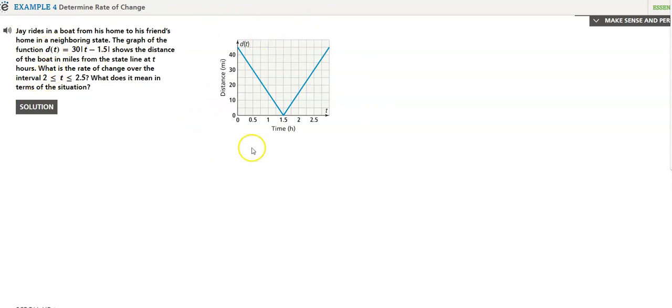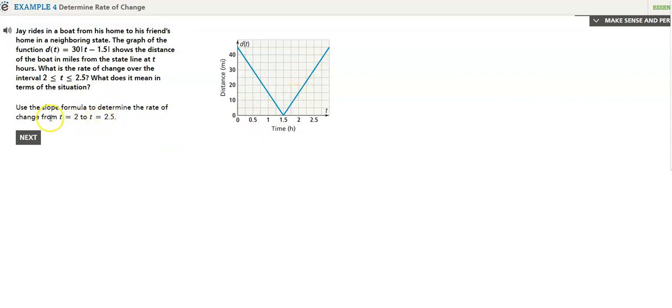Now we're taking that same problem about Jay's boat, but we're going to look at a specific range. We're going to look at the rate of change between 2 and 2.5. That's in time, because I had the t here for time. We want to find the slope between these parts right here.